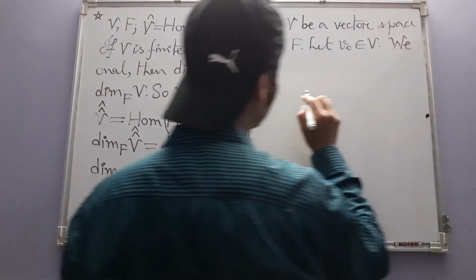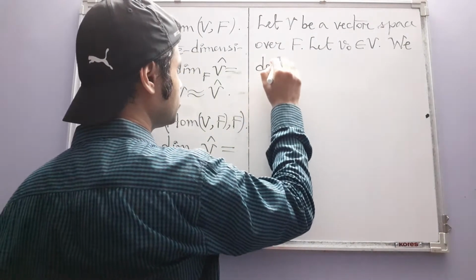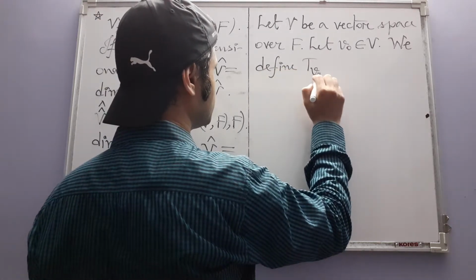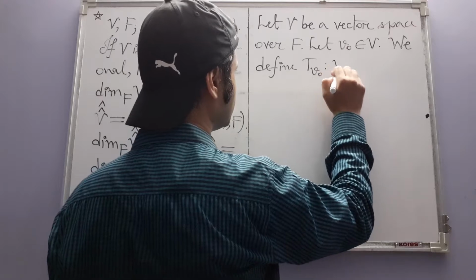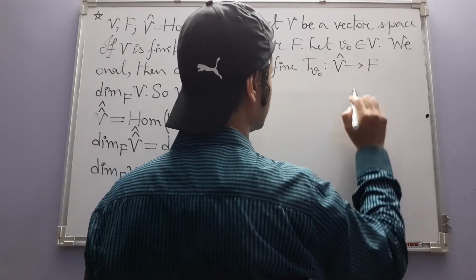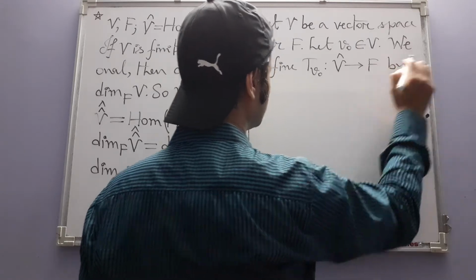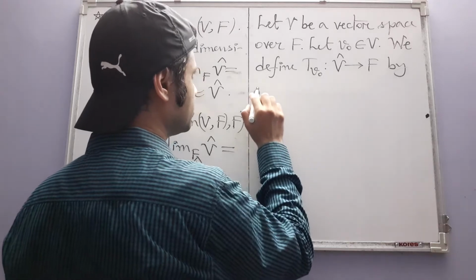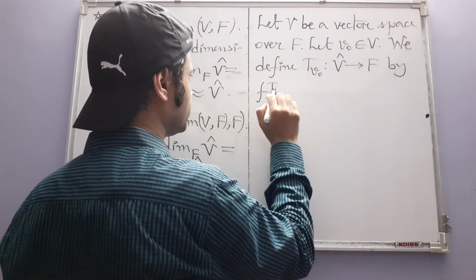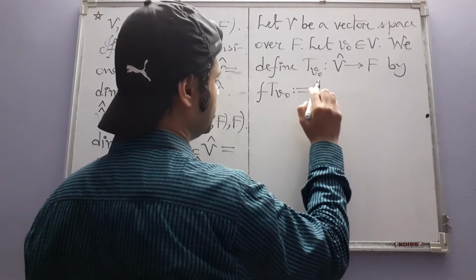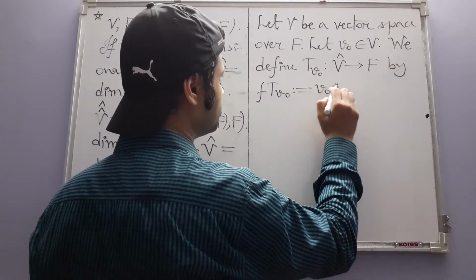Now what we are going to do, we are going to define a function T v naught from the dual space of V into F by this relation. T v naught of f is defined to be equal to f of v naught.